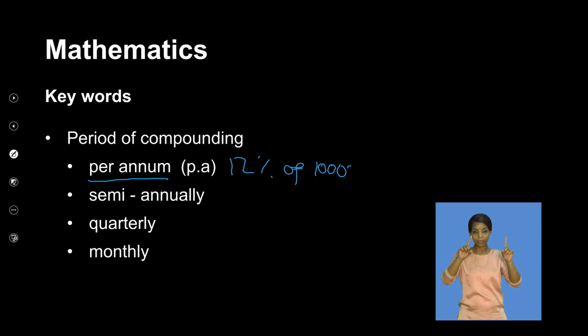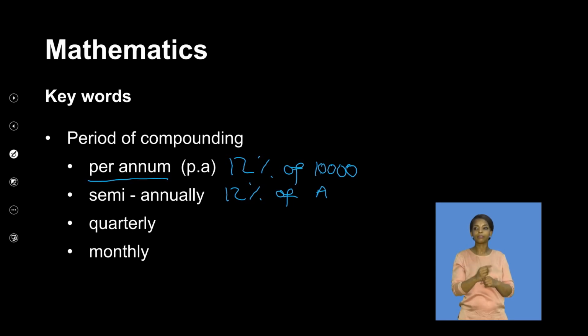You're going to get 12% of 10,000 for the first year. For the second year, you will get 12% of the 10,000 plus the 12% of the previous year. So that's what you will then use there, and then continuing like that. So it will be, I will just say A there, meaning the previous amount that we have.